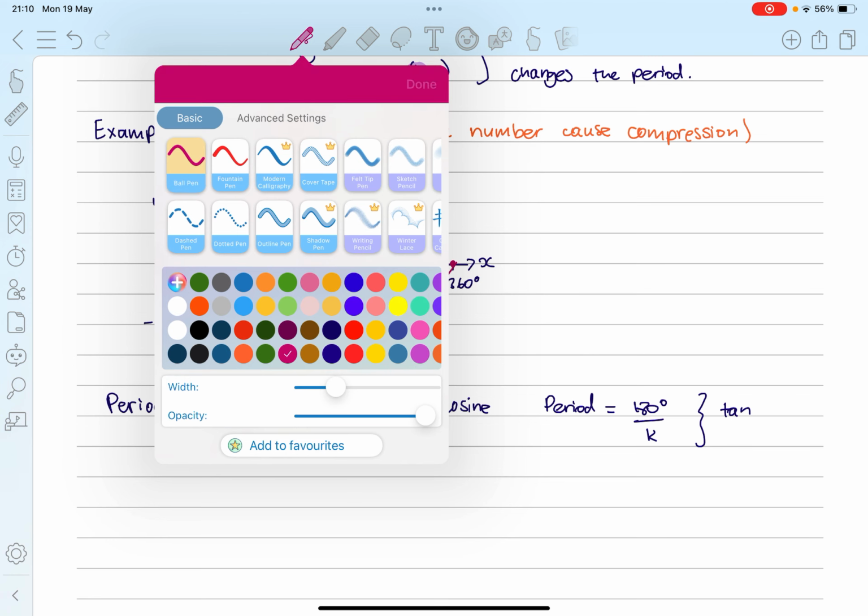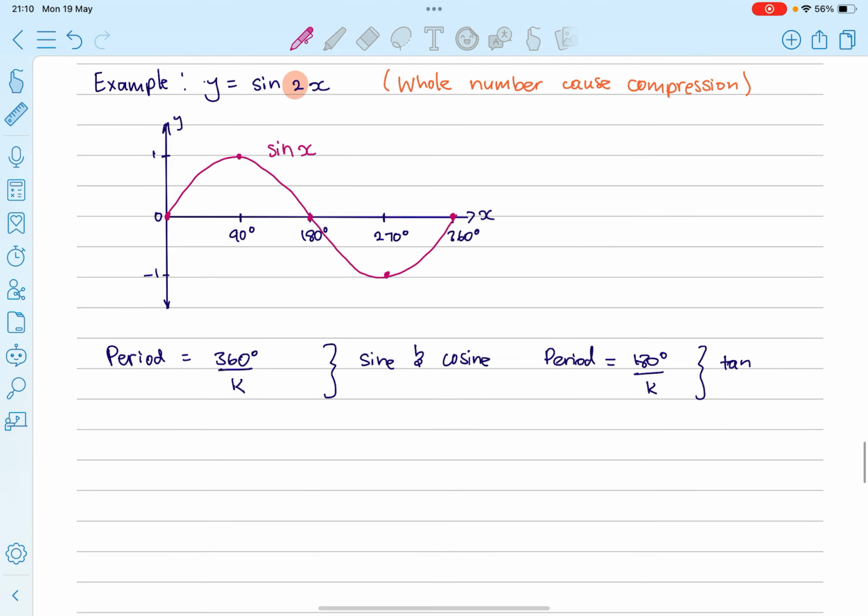So let's get the period of this new graph. So period will be equal to 360 degrees, and our k is equal to 2, so we're going to substitute that. 360 degrees divided by 2 leaves you with 180 degrees.